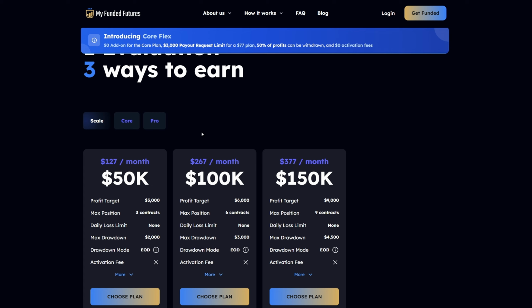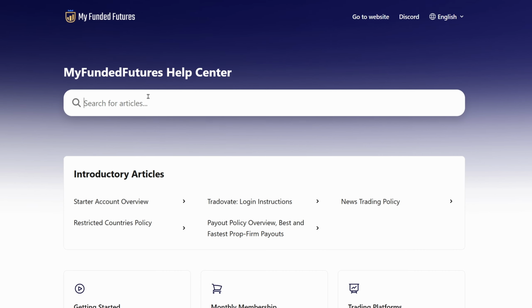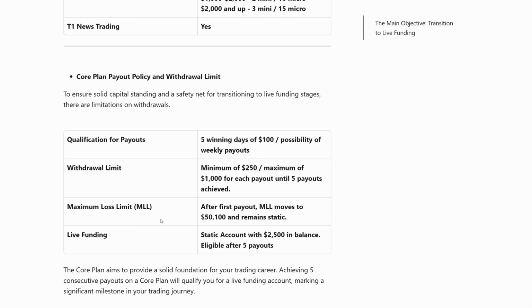So you're probably wondering, what is the difference between these 3 accounts, between the Scale, Core, and the Pro? Just to simplify it for you guys real quick, we can go right over here to the FAQ, and I'm going to type in Core real quick. In the past, the Core was limited to where you could only withdraw $1,000 at the time of payout.